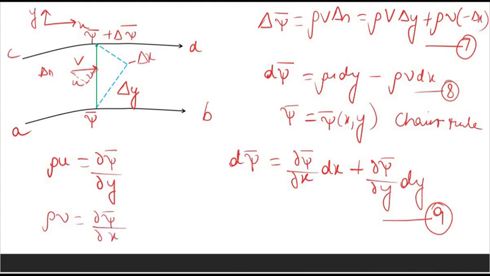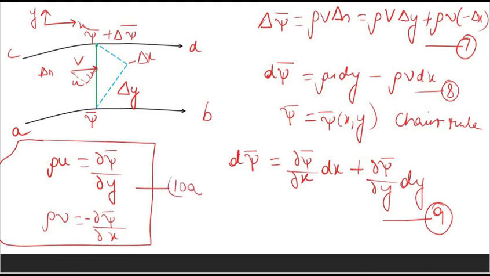Is there something missing in the equation? Yes, certainly we get a negative sign over here. Upon comparing these two equations, we get these two equations. Let this be 10a and 10b. What are these two equations that we have obtained over here? Yes. So the equations are, as we said, that psi is a function of x and y, and it is known to give the flow field.